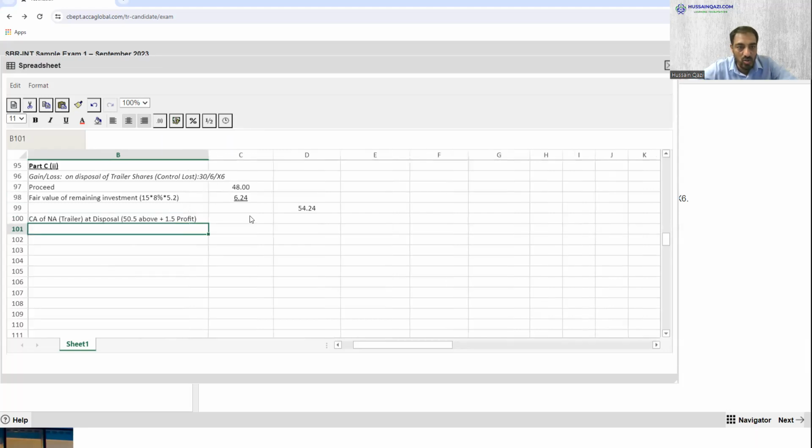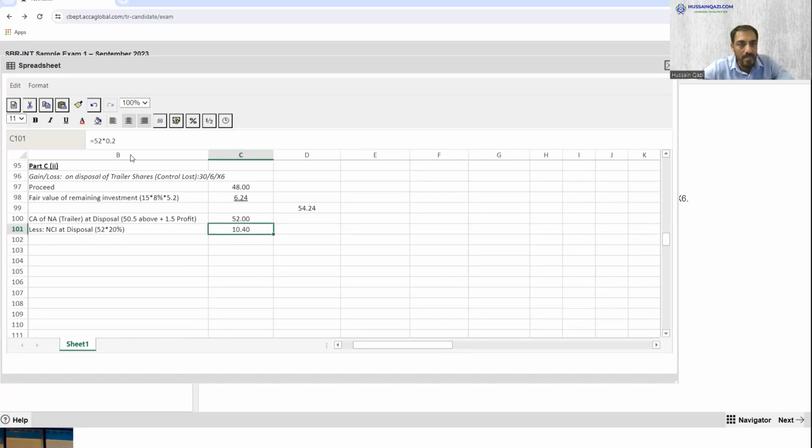Sir, do we need to show this working? Not necessarily. Just mention 52. If you do that, that's good. Less NCI at proportionate, NCI at disposal, no goodwill. It's very simple: the fair value of net assets of the subsidiary at the disposal date, 52, into 20%.